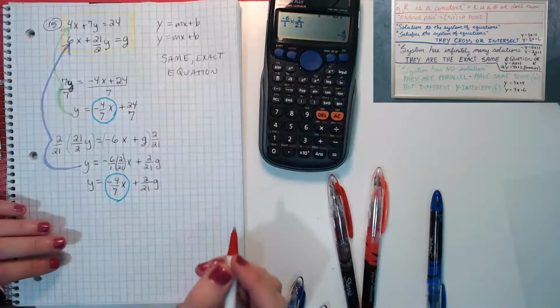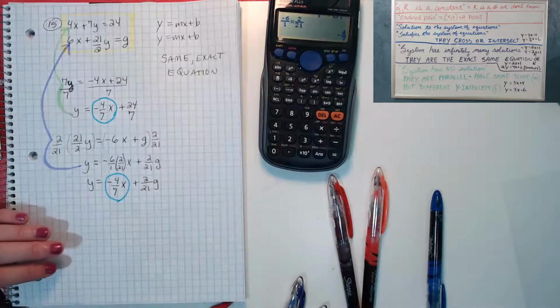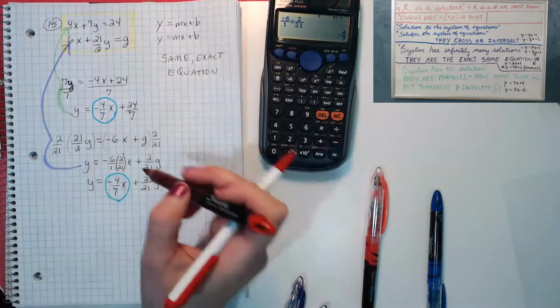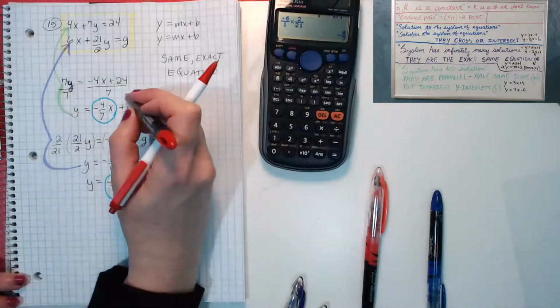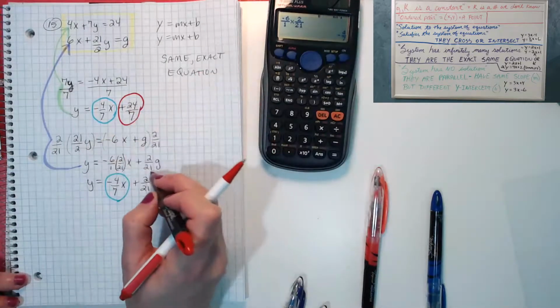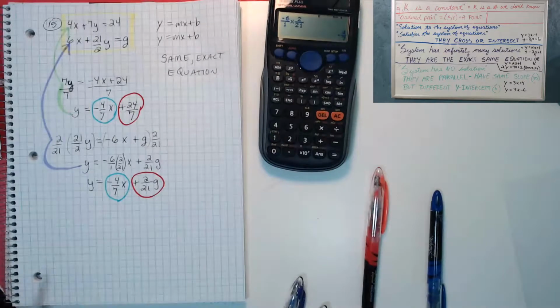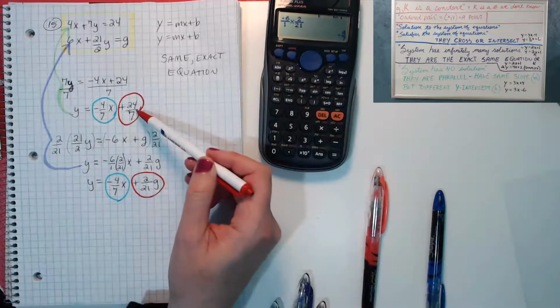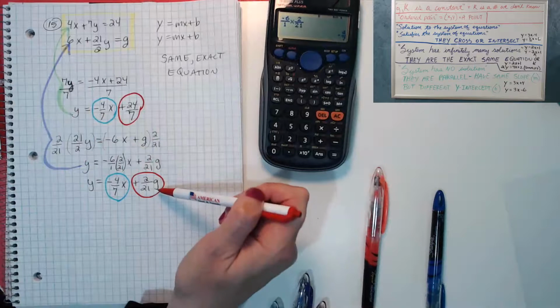Same exact equation. So therefore we know that, sorry about that, my pen is stuck. We know that these have to be equal, correct? We know those have to be equal because everything else is the same. The y is the same, negative 4/7 x is the same. We have 24/7 and 2 over 21g.